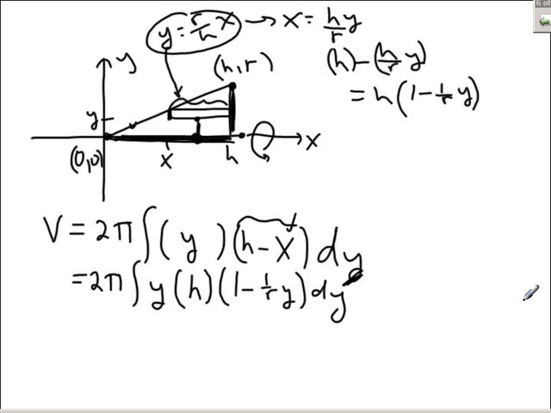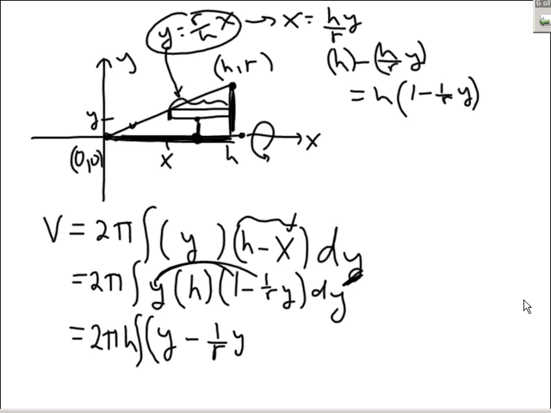And I will pull the h out in the front, 2 pi h, and then I have the integral of y minus 1 over r times y squared dy. And y is going from the lowest strip at 0 to the highest strip at r.